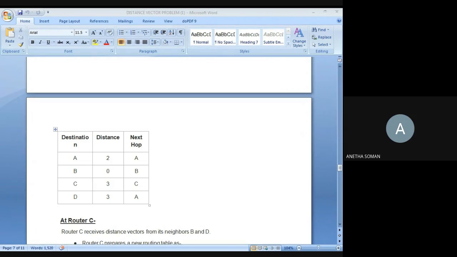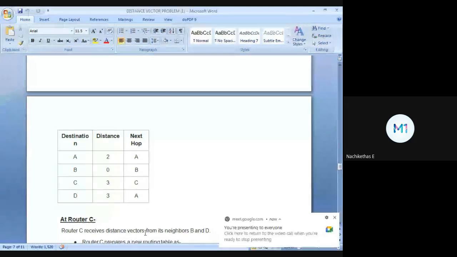Nachiketas, answer. What is the routing table? B3B. With respect to A, you tell. A infinity.